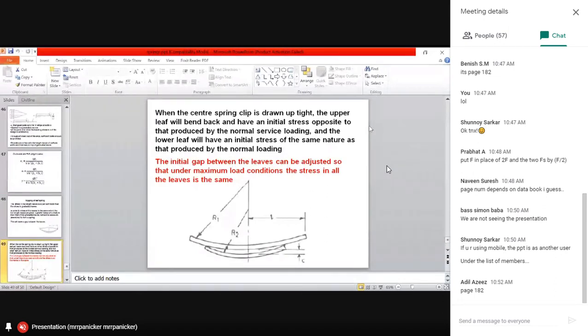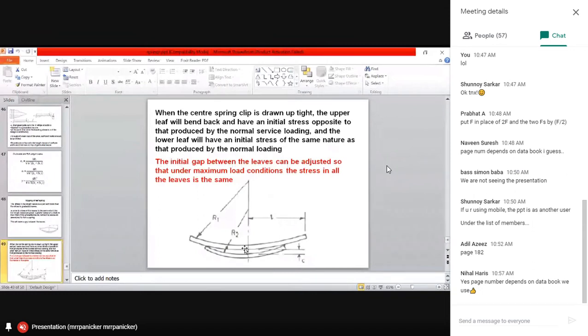So while tightening with the bolt, the leaves will be stressed, but the upper leaf will bend back, and the direction of stress will be opposite to that produced by normal service loading. The upper leaf will have the stress of opposite nature while tightening, and the lower leaf will have an initial stress of the same nature.